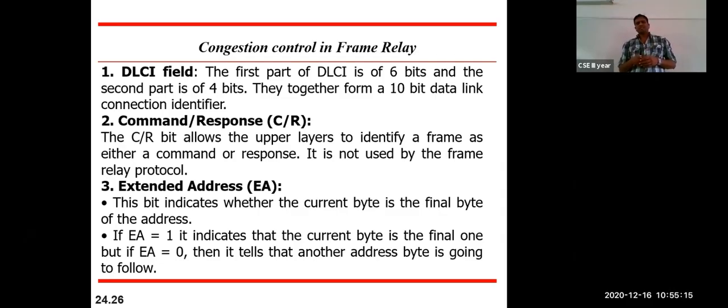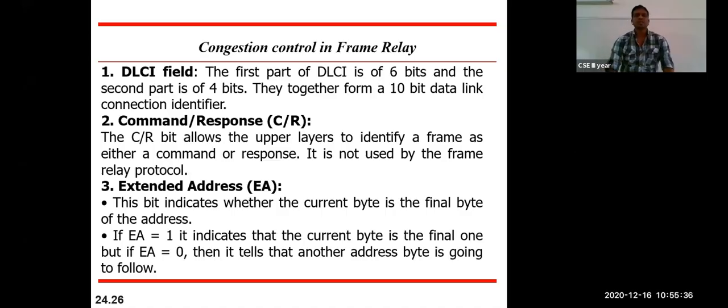The identification of the connection is given by these 10 bits. If I have to give you an example, let me try to recall what could be a connection identifier here. I'm unable to recall quickly right now. I should have written it there.